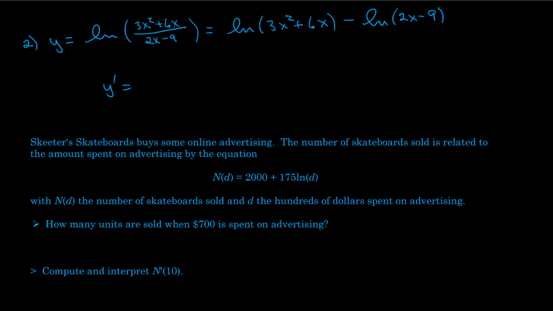At this point, it's easy enough to just look at it and write down what the derivative is. For the first term, the denominator is whatever is in the argument, the inside. The numerator is the derivative of what's inside, the argument. And that one's done. Minus, now for the second one, we're going to have the 2x minus 9 in the denominator, and the derivative is going to be 2. And we're done.